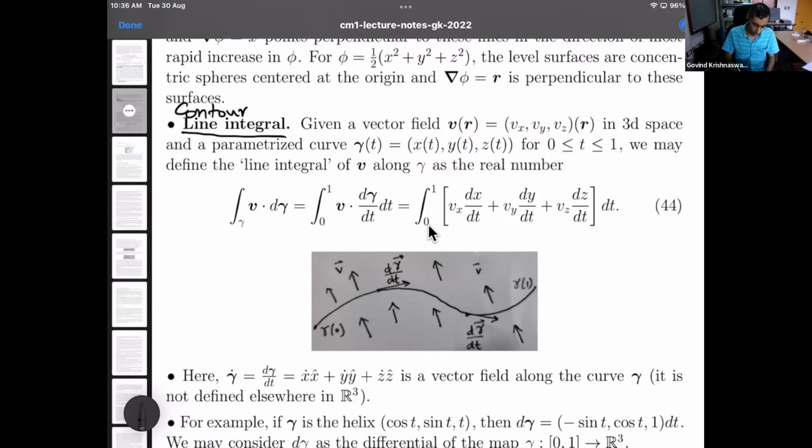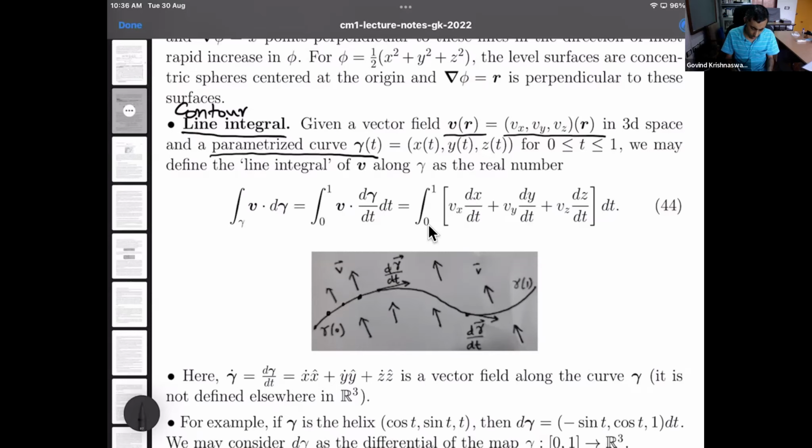So given a vector field V, and let's work in Cartesian variables, it has some components at every point in 3-dimensional space. On the one hand, we are given a vector field, and on the other hand, we are also given a parametrized curve, gamma of t. So gamma of t at every point is specified for you. Of course, we have some origin in the background, that is fine.